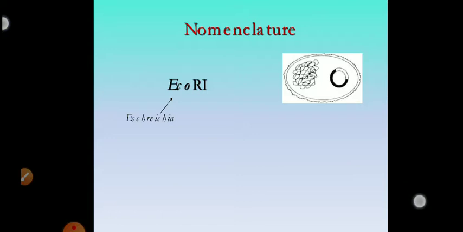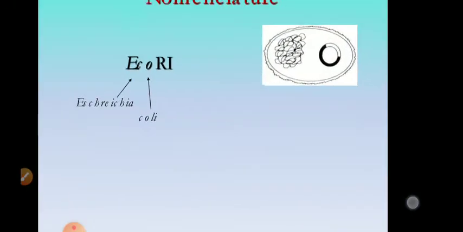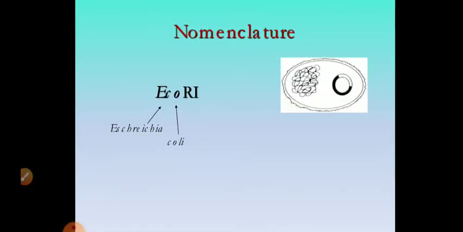Now, whenever a restriction enzyme cuts a DNA at a particular site, which we call the recognition sequence, which is a palindromic sequence, sometimes the ends are staggered and sometimes the ends are blunt. So that is all about restriction endonucleases or restriction enzymes.